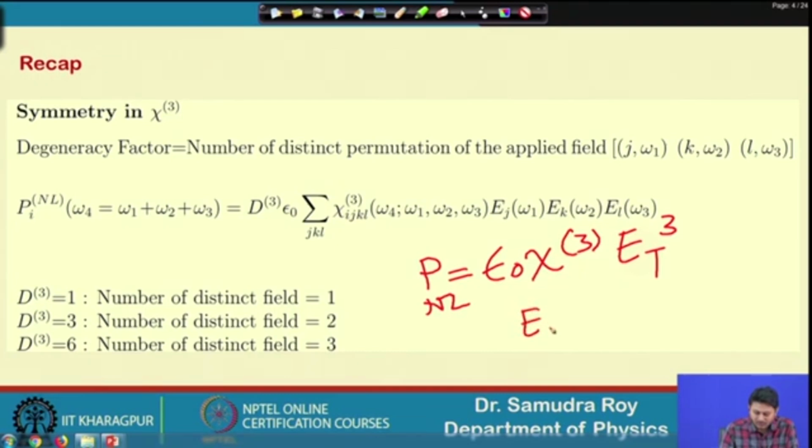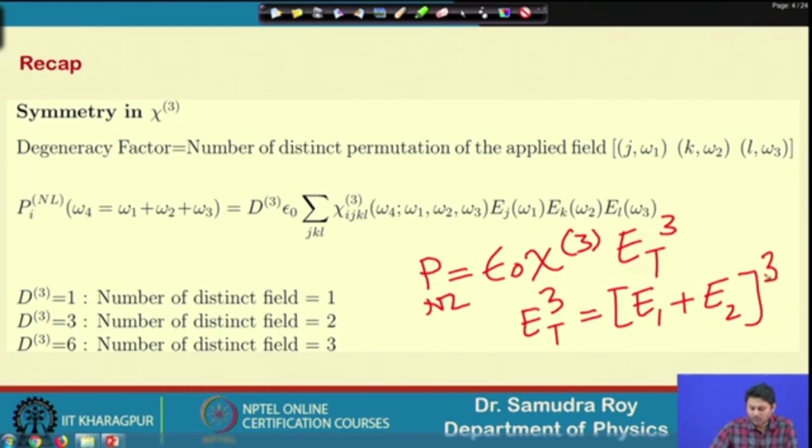Now, if E total contains two different fields, say E1 and E2, so this cube is nothing but the cube of this. So, eventually we have A plus B whole cube. So, when we have A plus B whole cube, we will have one term like E1 cube, one term like E2 cube, and the combination of these two like 3 E1 square E2 and 3 E2 square E1.